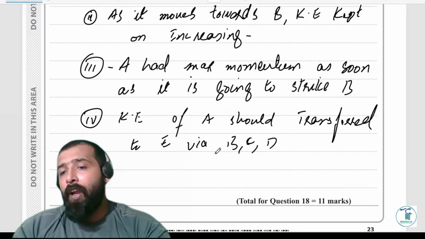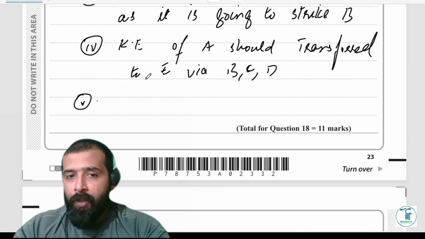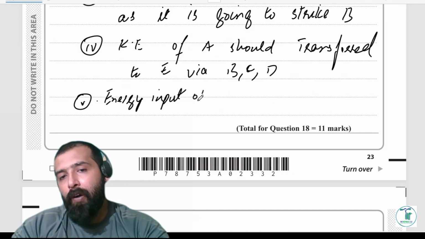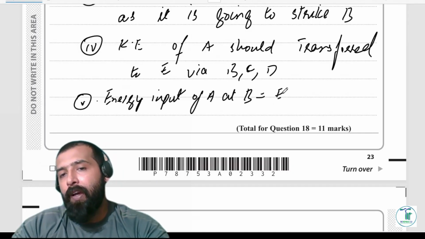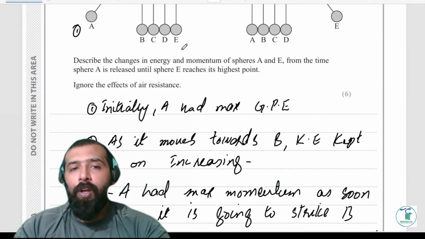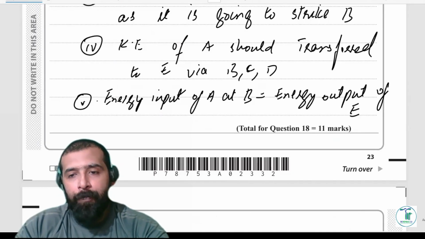Now you need to write down two very important lines: since energy is being conserved, the energy input of A at B should be equal to the energy output of E. Whatever energy you've transferred from A here, that must be the same energy when D makes the E pop away.